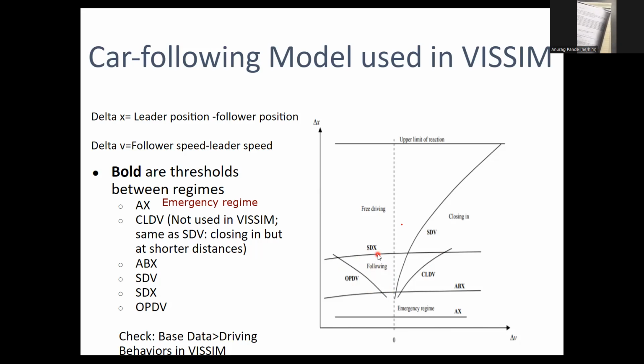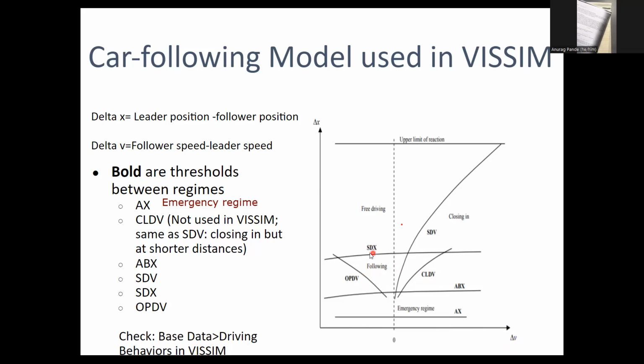Whatever the leader does, the follower also has to do, because you're so close to them. And remember, the x-axis still is the speed differential. In the following regime, your speed differential is so small that you are doing exactly what the leader is doing. So that's where car following comes from.